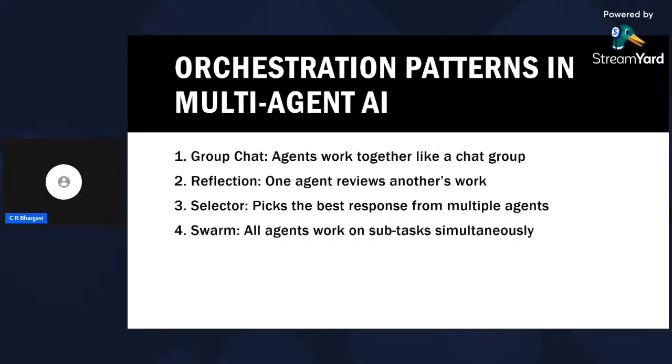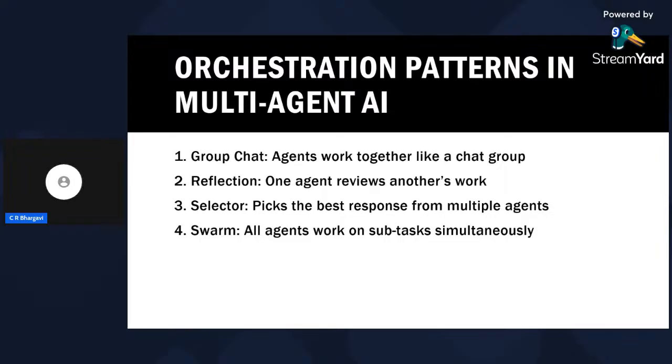Now, what are the different orchestration patterns which are available inside multi-agent? When we see about all these things, then we should understand the orchestration patterns. The orchestration patterns available in multi-agent AI are group chat, reflection, selector, or swarm. Group chat is when agents work together like a chat group.